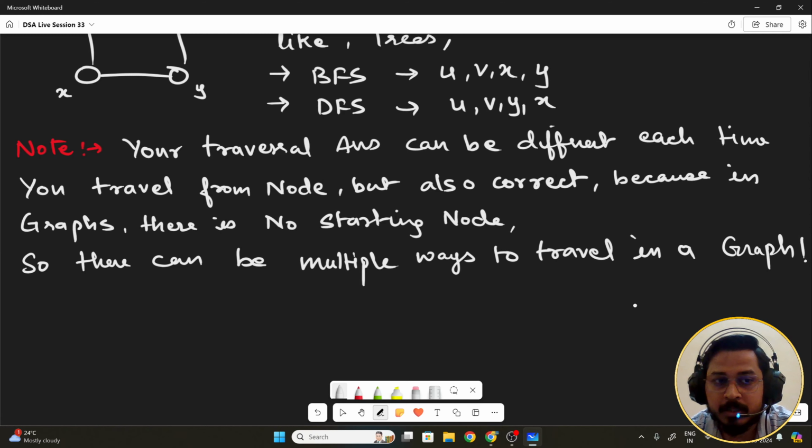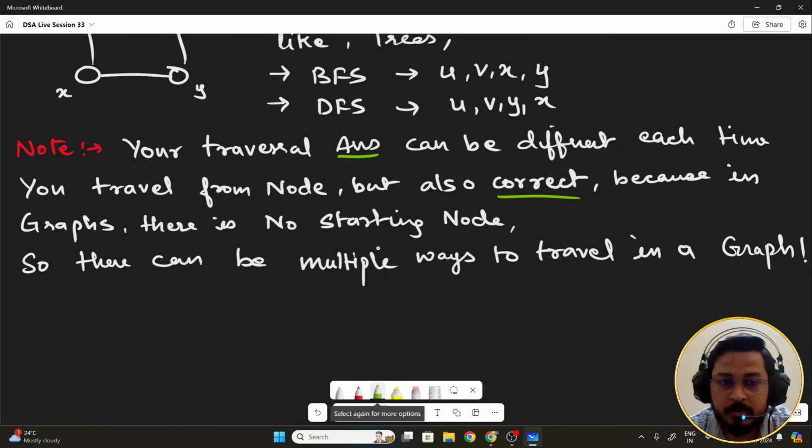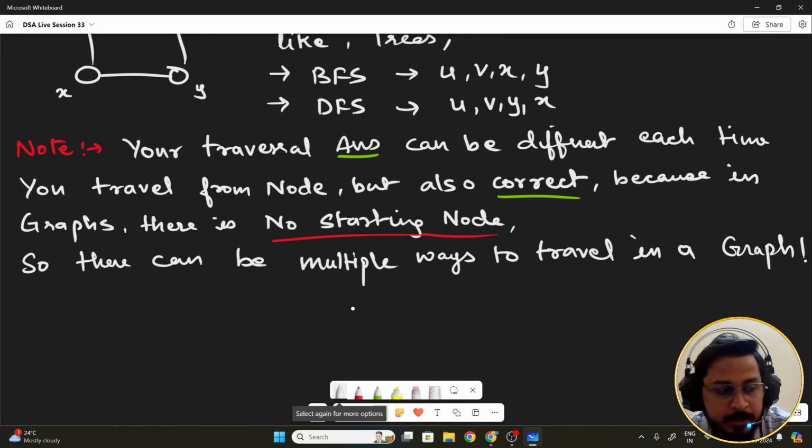Okay, guys, I hope this is very much clear. So here the answer can differ when you travel from a node, but it is also correct. And here there is no starting node. I hope this is absolutely clear to all of you guys.